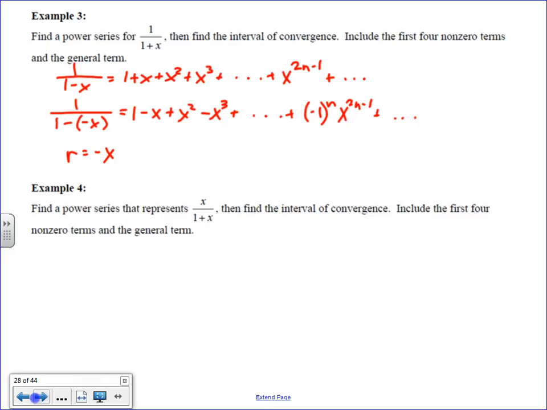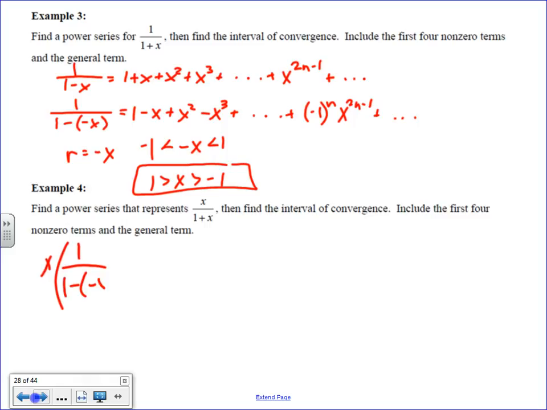And when will negative x be in between 1 and negative 1? Well, no problem. What happens? It just switches. Remember, divide by a negative, everything switches. Same thing. Yes, that makes sense. Nothing changes. What's going to change with this one? I could make it x times 1 over 1 minus negative x. Oh, yeah, I see. Keep going.